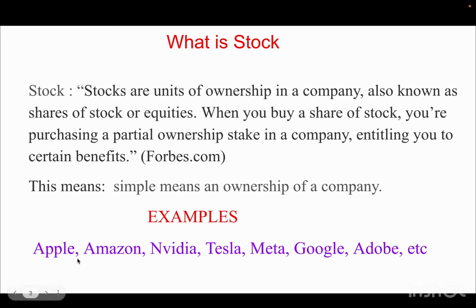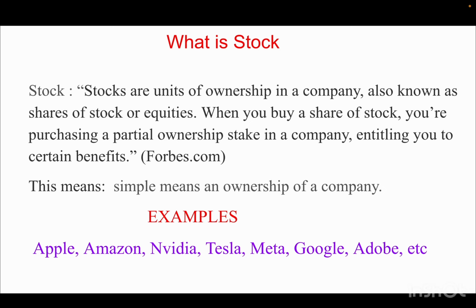For example, you have Apple, Amazon, Nvidia, Tesla, Google, Adobe, Microsoft, Coca-Cola, just to name a few. If you buy shares or stock of such a company, that means you buy part ownership of it, and some of the reward will come as a dividend.